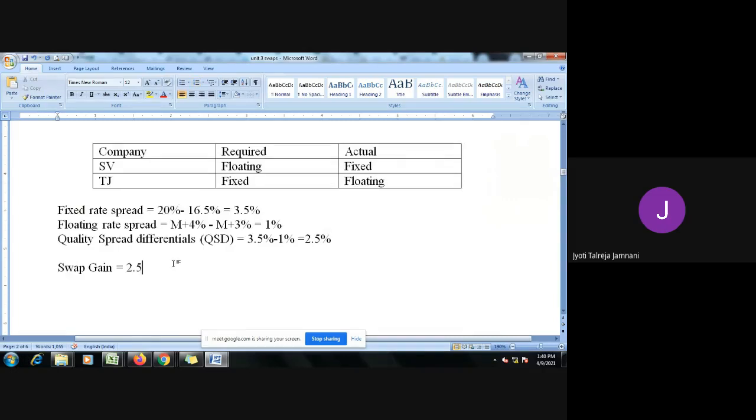So from the swap gain, we will less the bank gain, 0.5%. So the remaining gain is 2% for us.